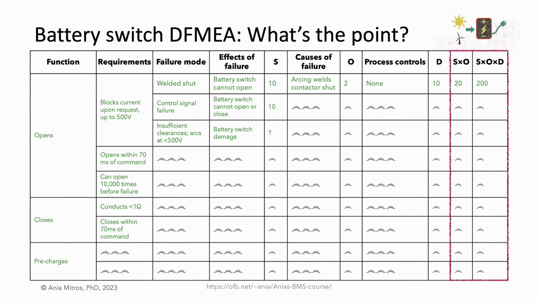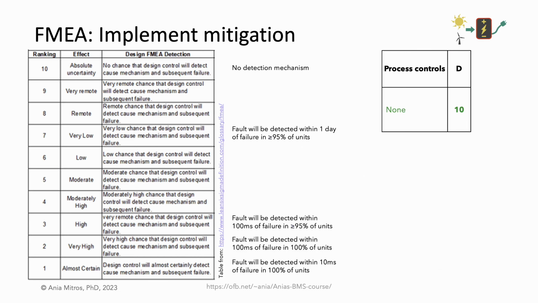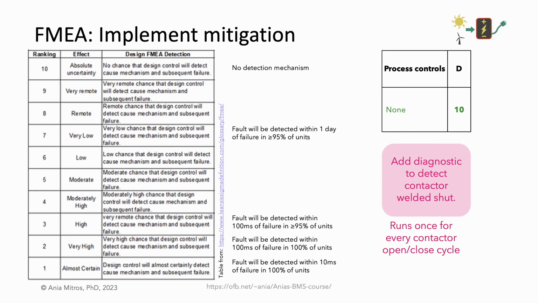Now what? The criticality and RPN allow a ranking of potential failures in the order in which they should be addressed. In this case, we'd probably see the contactor welding shut near the top of the list. Top of the list means top priority. Let's consider how we might address this situation. A good option is to define and implement a diagnostic procedure to detect when a contactor is welded shut, designed to run for every contactor use cycle.